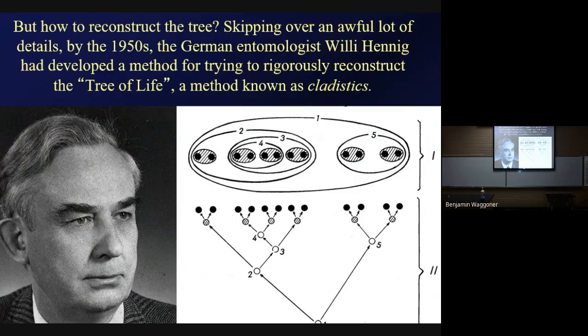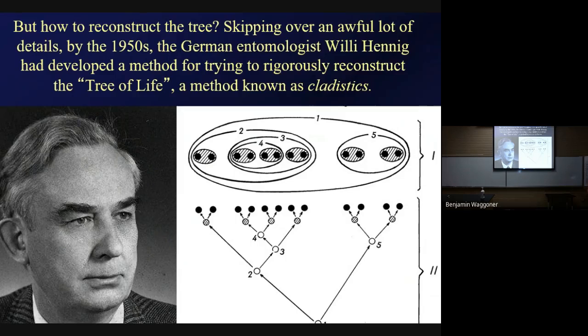That raises the question, this whole thing about the tree of life, about how can you reconstruct the tree? How do we know what that looks like? Skipping over an awful lot of details, we'll jump up to the 1950s to a guy by the name of Willy Hennig, a German entomologist, no less, who'd come up with a method for trying to be rigorous about reconstructing what the tree of life looks like.